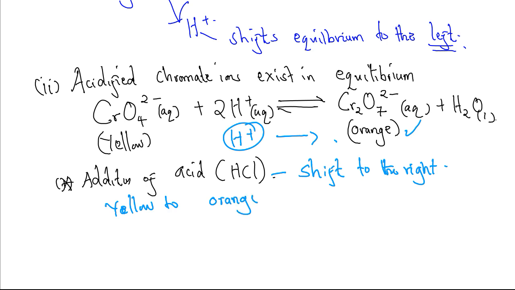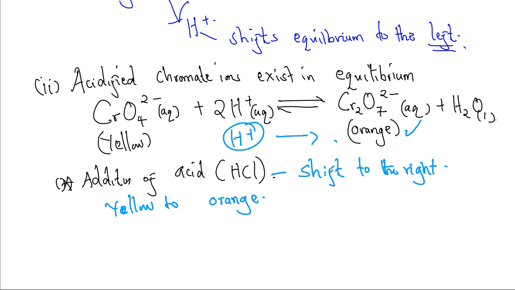That is the observation. You don't talk about equilibrium shift to the right under observation. You say the yellow chromate ion turns to orange dichromate ion. Why?